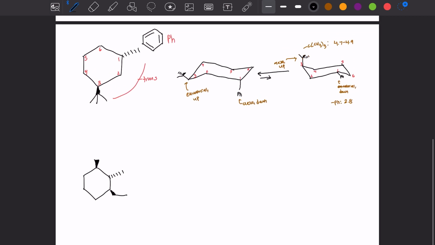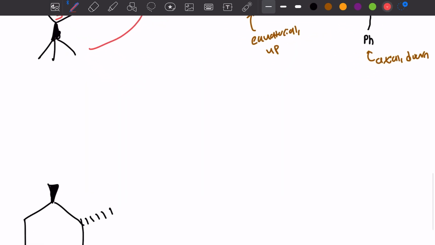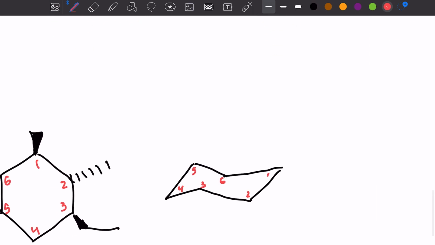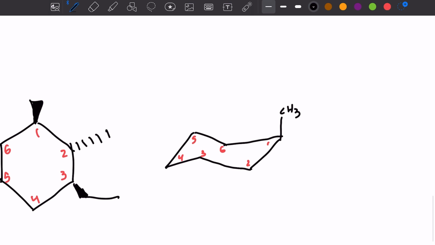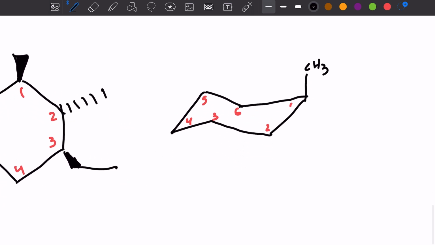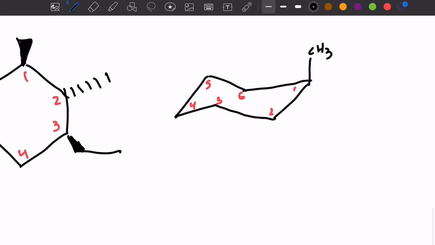And now I'm going to go through just one last example, with carbon 1, 2, 3, 4, 5, and 6. Draw the ring real quick. You have a wedge, so this would be your methyl group going axial up. You have a dash now, so this would be axial down.